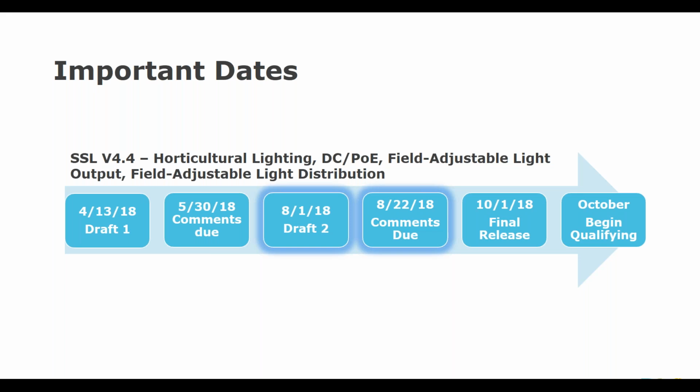So there's a question about field adjustable horticultural lighting. So the question is, what about the interface of the QPL requirements for a field adjustable horticultural lighting unit? So maybe one question is, can a horticultural lighting product be field adjustable?